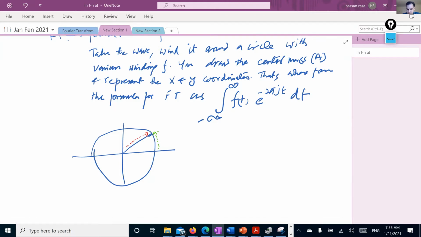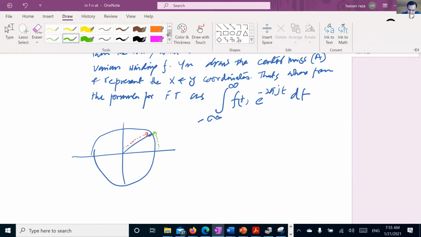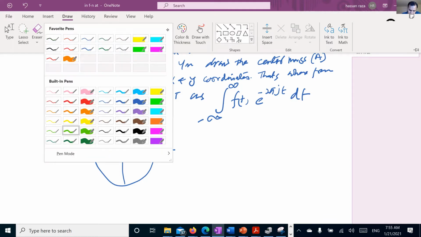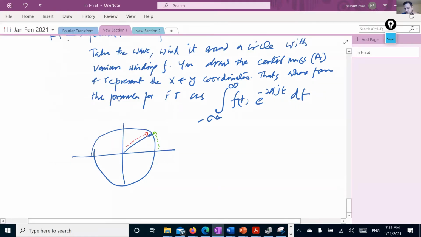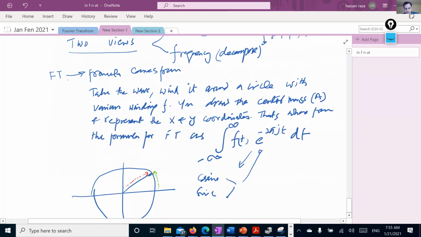Then I gave you various formulas related to Euler's formula, where you can combine cosine or sine in terms of Euler's formula. And that was the background of Fourier transform.